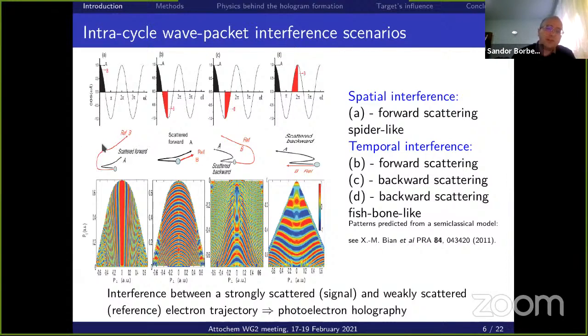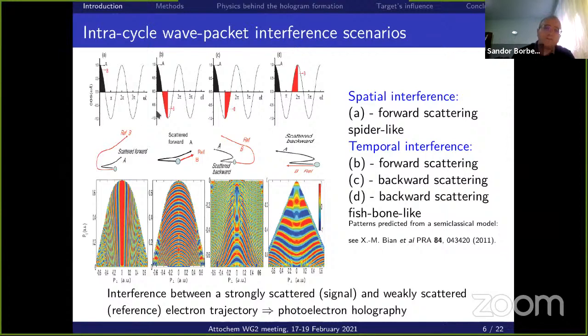This interference scenario is also called a spatial interference because the root of this interference can be found in the interference between different spatial electron trajectories.